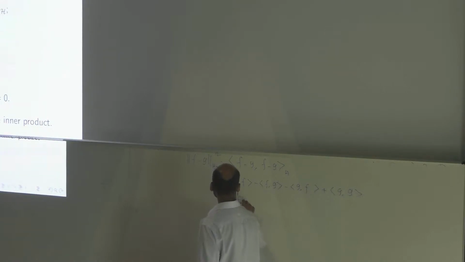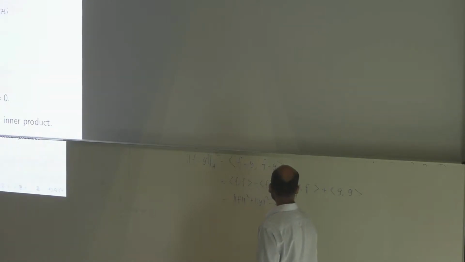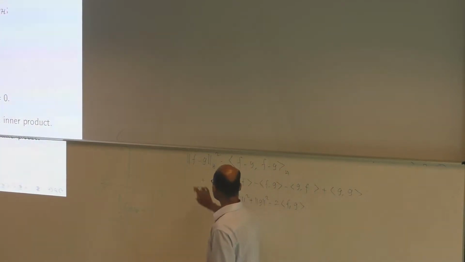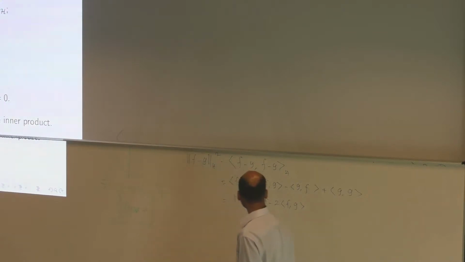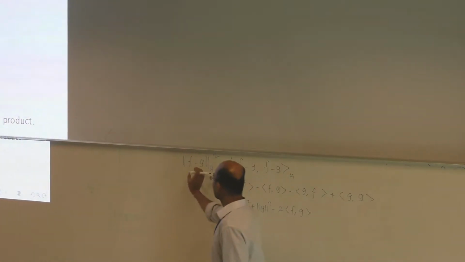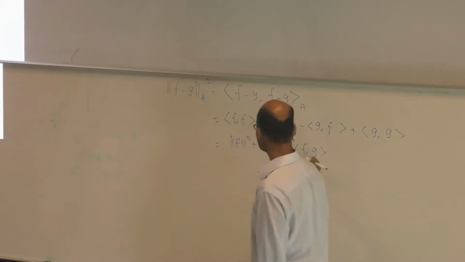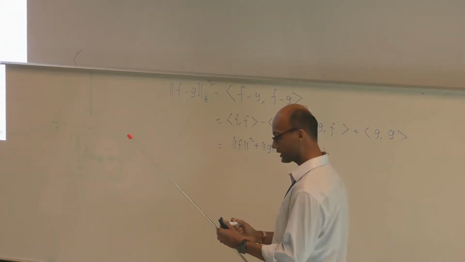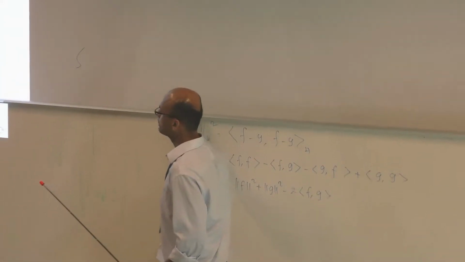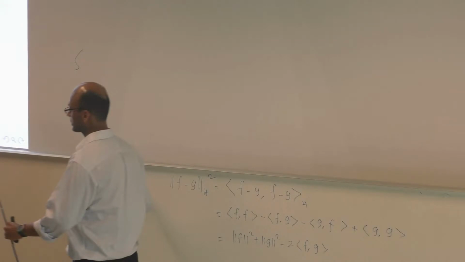So this is norm squared of f plus norm squared of g minus 2 times <f,g>, where we exploit the symmetry of the inner product. Here you can see that if f and g are close by, this norm is going to be small, and therefore this inner product is going to be large. That basically says if f and g are similar, this is going to be large. If f and g are dissimilar, this is going to be small. So you can use the inner product as a measure of similarity, or essentially as a degree of similarity or dissimilarity between objects. Okay.